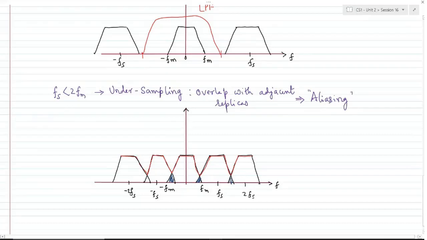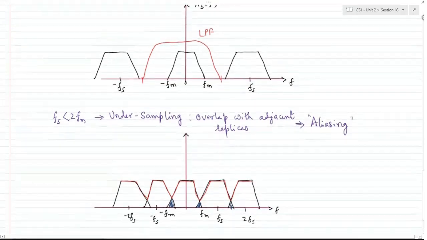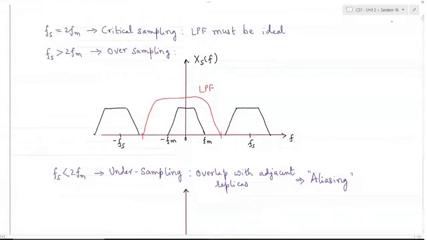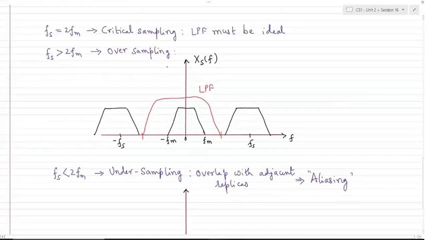Of course, you may be sitting comfortably and thinking that to avoid aliasing, all I need to do is simply oversample, or keep my sampling rate much greater than 2 fm. Remember, I am giving you the practical scenario where no information bearing signal is strictly band limited between minus fm to fm, or 0 to fm to be strict.